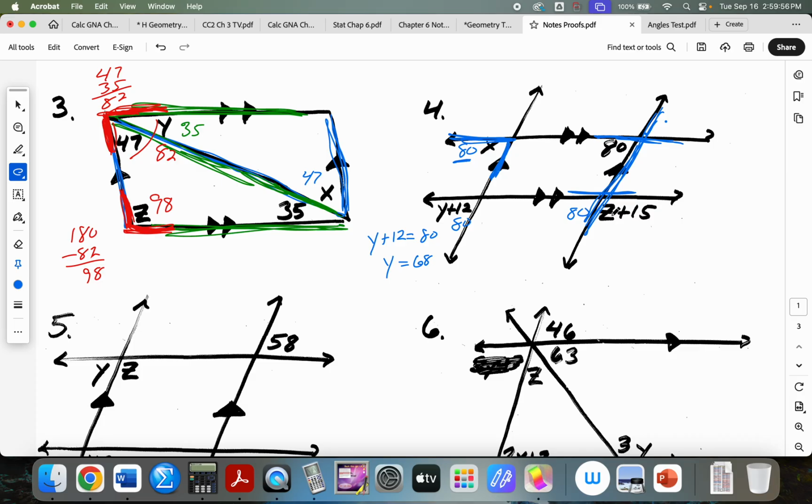This one's 80. What kind of angles are this new 80 and the z plus 15? Linear pair. So how are they related? They equal 180. They're supplementary. So that's z plus 95 is 180. So z is 85.